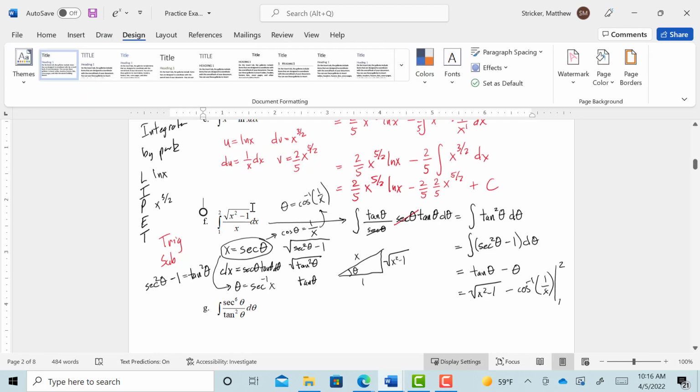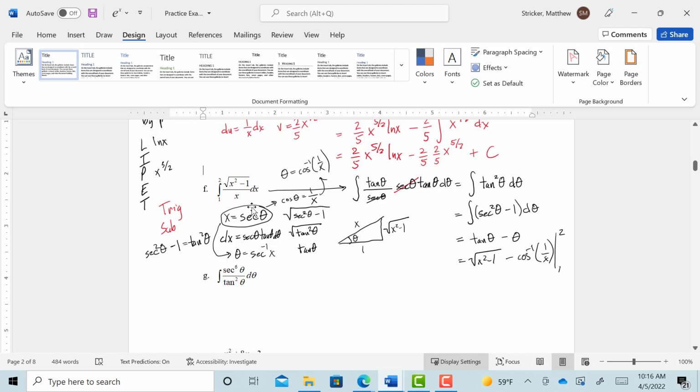So plugging in 2, we have 2 squared minus 1, which is 4 minus 1 is 3, so we have the square root of 3 minus the inverse cosine of 1/2. Well, where is cosine equal to 1/2? That's pi over 3.